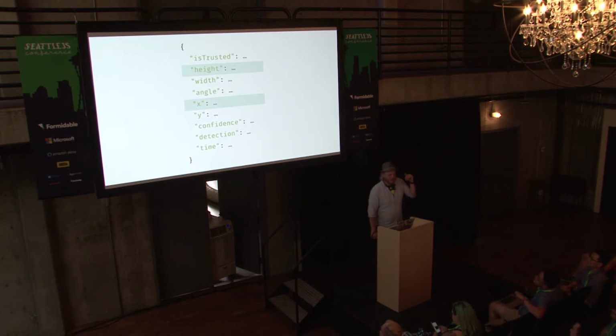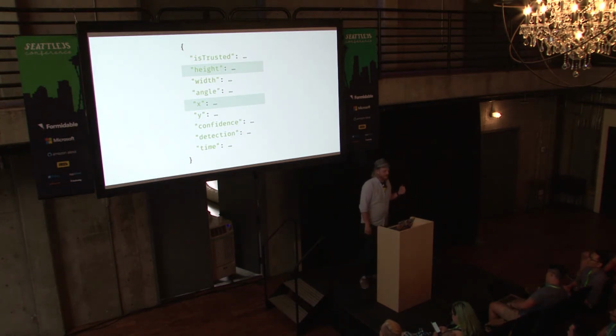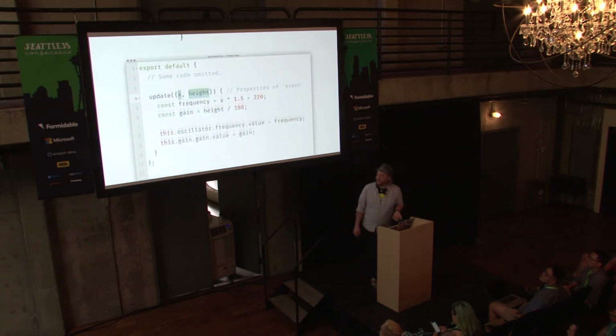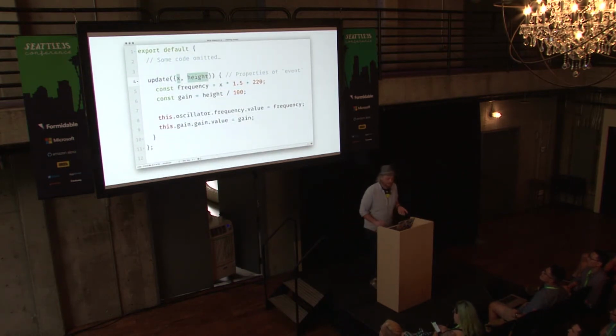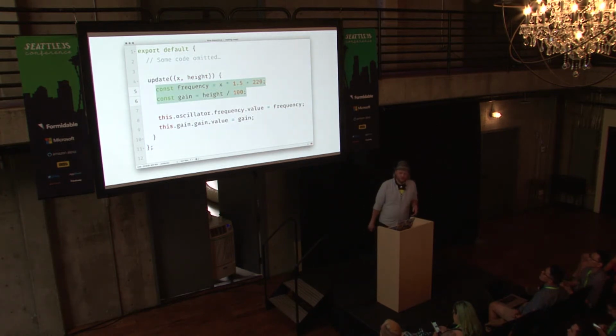The only two I really care about for this demo are height, which is how big is the face, right? And that's basically a proxy for how far or close I am, not is my head big. And then the x-axis, which is the left, right. And so basically what I do is I pull those two objects off of the event, and then I do some tomfoolery with magic numbers to get it to where it doesn't sound awful, either too low or too high.